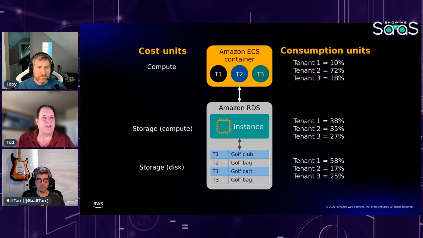Well, on the left-hand side, I do have units of cost, which are, I can tell you how much ECS cost me. I can tell you how much I'm paying for that RDS instance and the storage that goes with it. But that doesn't tell me what the footprint and the allocation of individual tenants are across that experience, right? So I've got 3 tenants is what that's supposed to represent there.